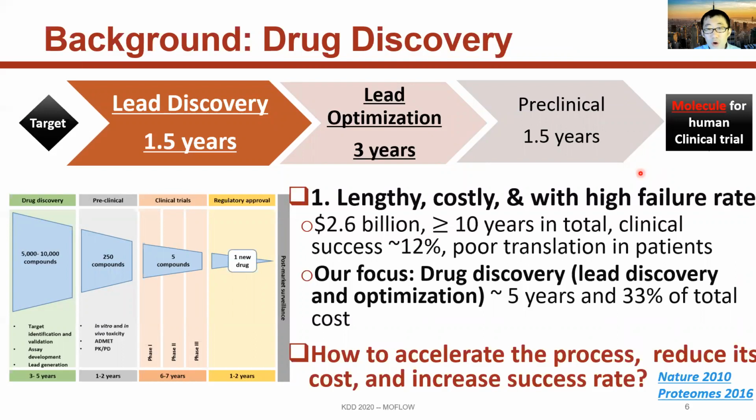Here, our work focuses on lead discovery and lead optimization, namely the drug discovery process in short, which takes approximately 5 years and accounts for 1/3 of the total cost. A critical question to be answered is how to accelerate the process to reduce its cost and to increase the success rate.